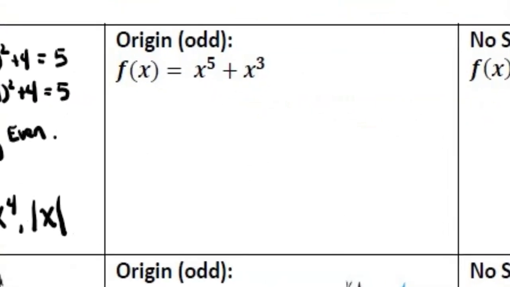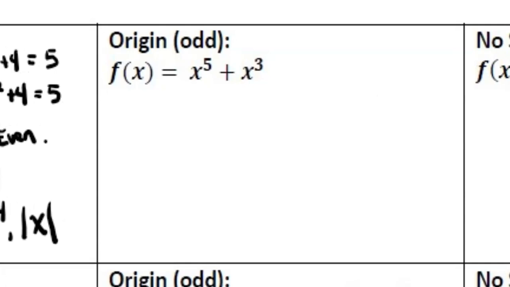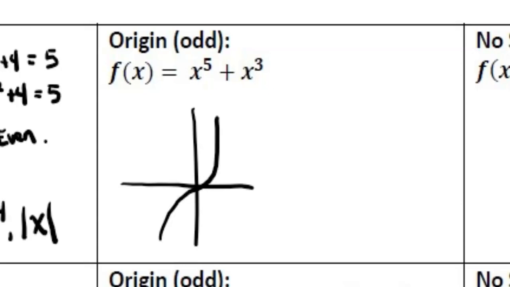If you had f of x equal to x to the 5th power plus x to the 3rd power, the graph of this looks roughly like this.